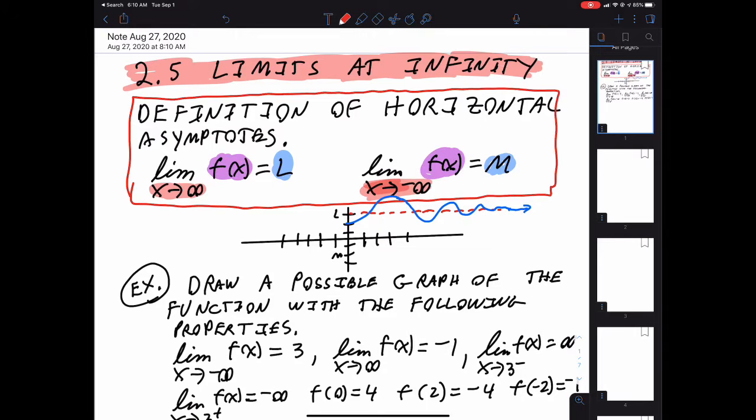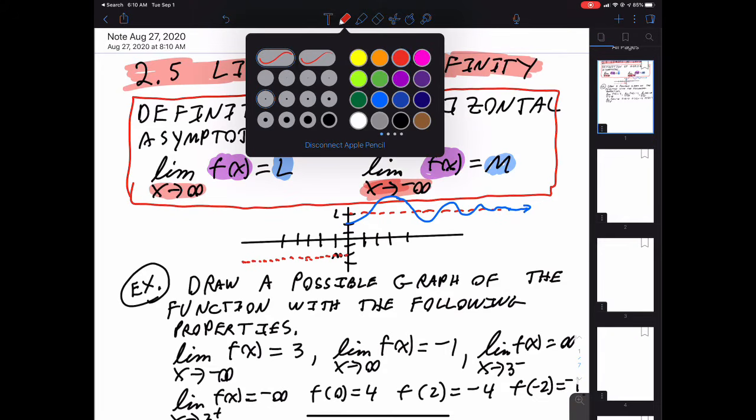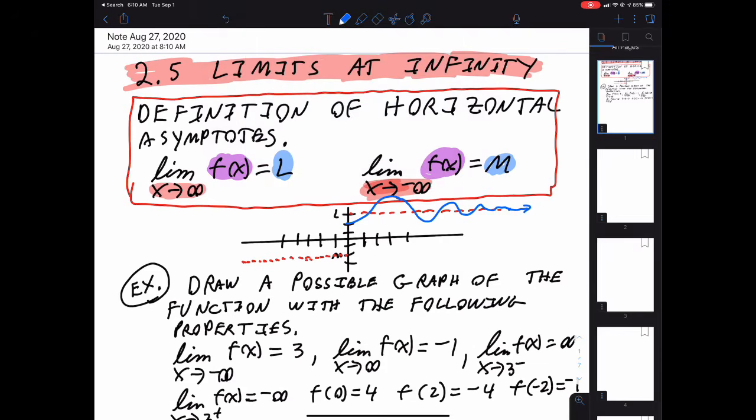So here's M down here, and to the left, we're going to have a horizontal asymptote to the left. Now my function does not necessarily have to connect to the function on the right. It just has to pass the vertical line test. But I'm just going to make mine connect, and it could do this and do that. So that is an example of how the definition of the horizontal asymptote works.